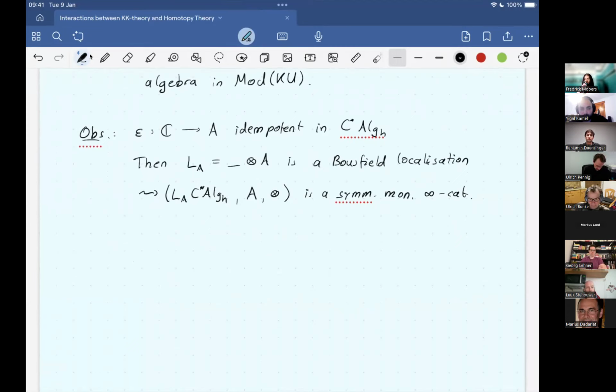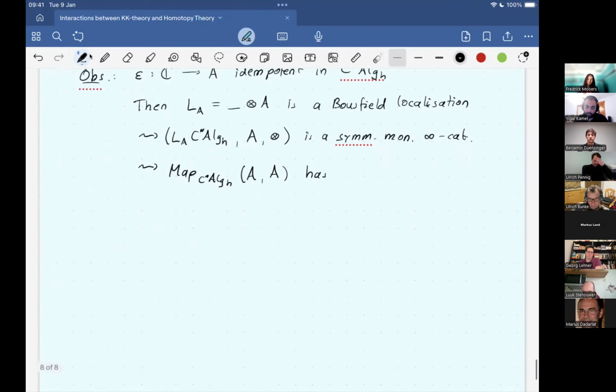Right. So I get this localization. I also can look at the mapping space, and this now has two structures.